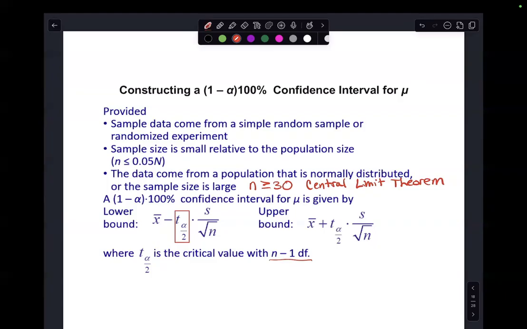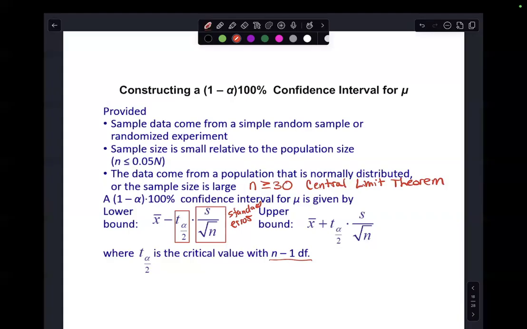This right here is standard deviation or standard error. So just like with our proportions, you take your t-value or your t-score and you multiply it by the standard deviation, because the t-score tells you how many standard deviations away from the mean the edge of my confidence interval is.